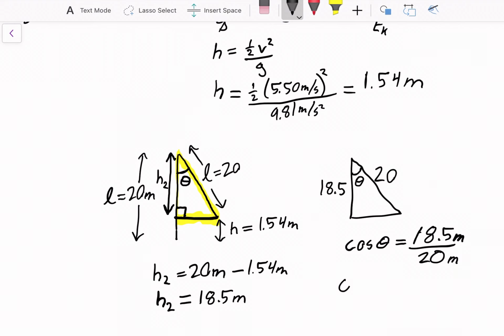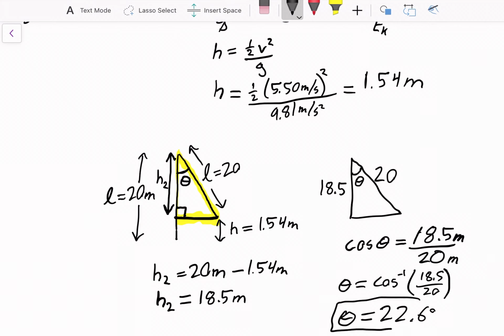So our angle is going to be the arc cos, or I'll just write it like this, cos of 18.5 over 20, and so that angle there is going to be 22.6 degrees. So the tricky part about this question is figuring out these sort of triangles at the end, so keep that in mind.